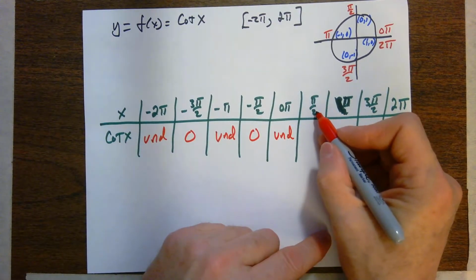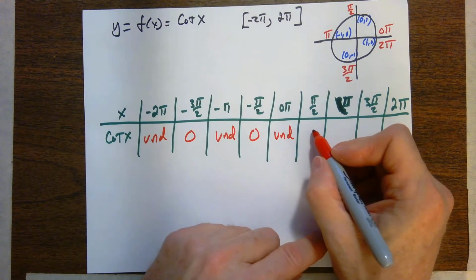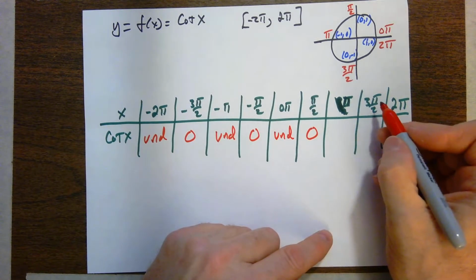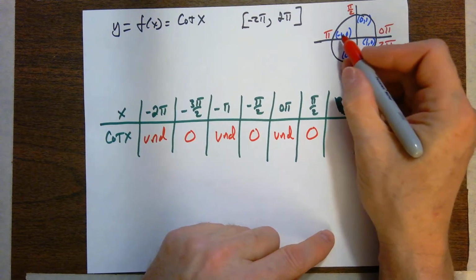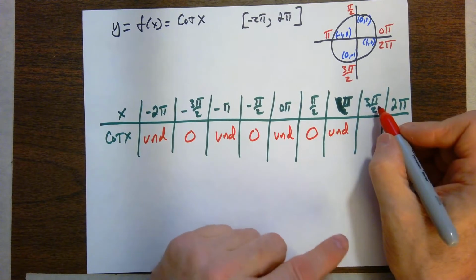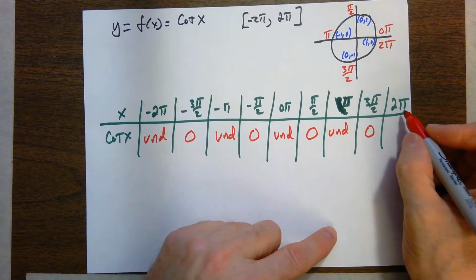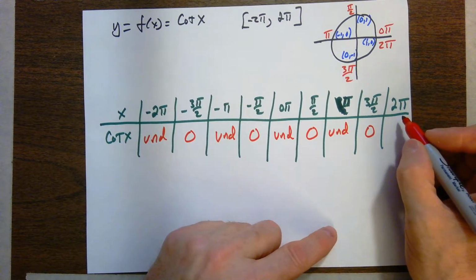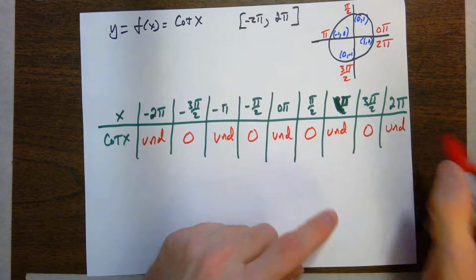At pi over 2, it's going to be 0 over 1, which is going to be 0. At pi, I'm going to have negative 1 over 0, which is undefined. At 3 pi over 2, I'm going to have 0 over negative 1, which is 0. And at 2 pi, I'm going to have 1 over 0, which is undefined.